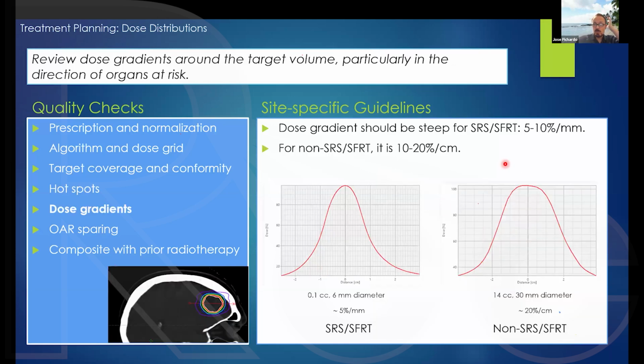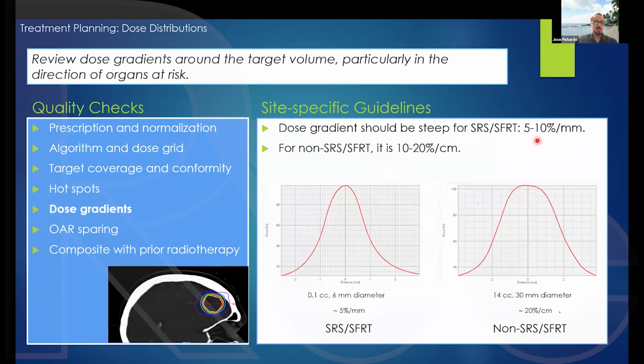The other thing is the dose gradient. Okay, on the left I have a dose gradient for SRS and SFRT, and on the right I have a dose gradient for non-SRS and non-SFRT. So dose gradient for SRS and SFRT is very steep. It should be like 5 to 10% dose.